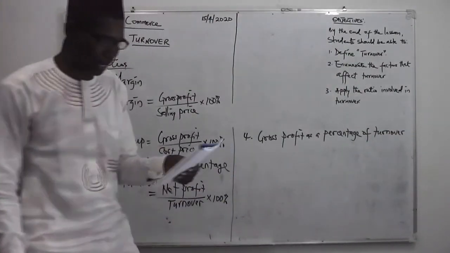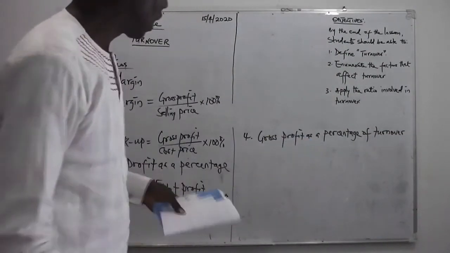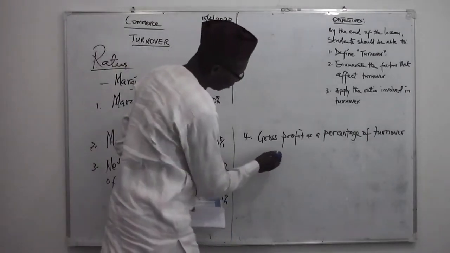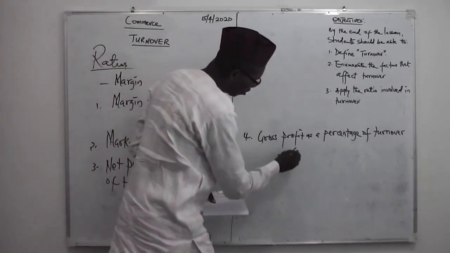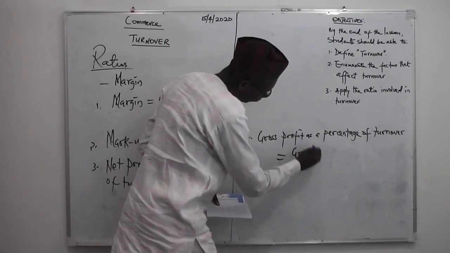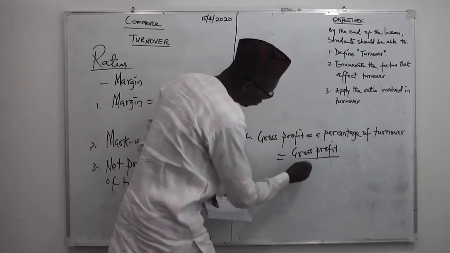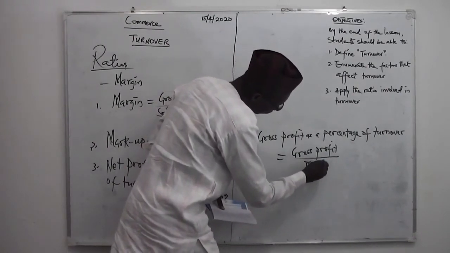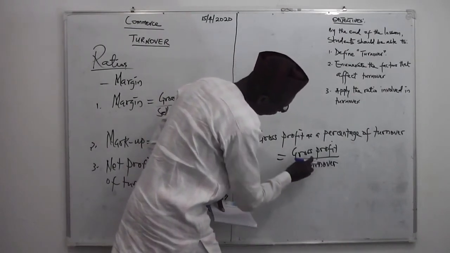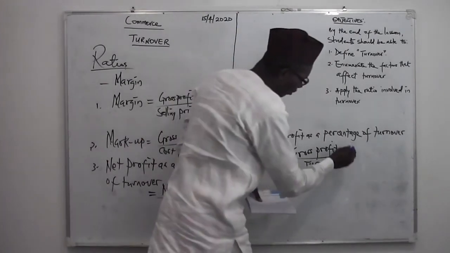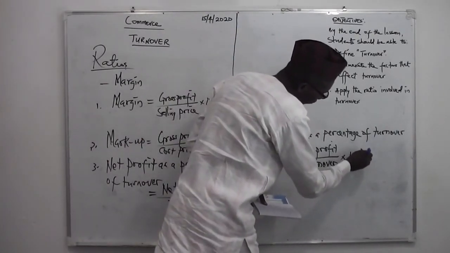The formula for calculating this is as simple as gross profit over the turnover times 100%.